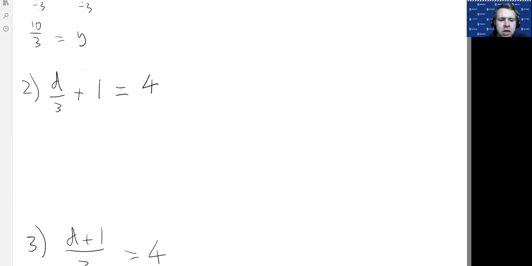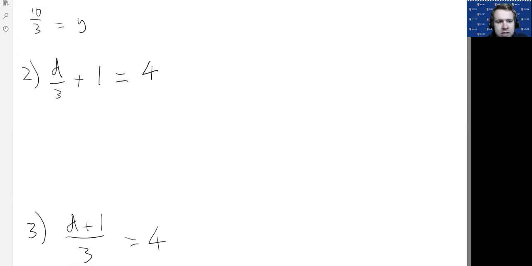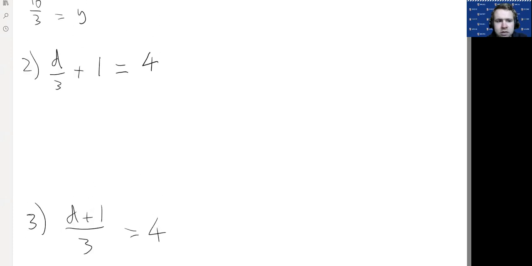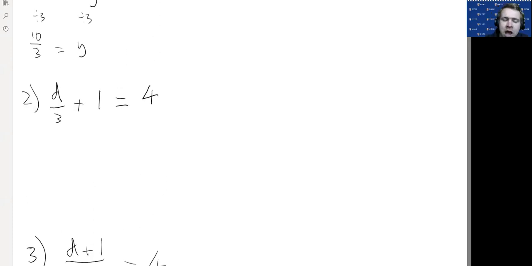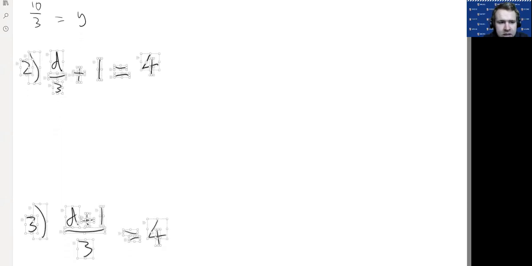Here's another example. Now, these two examples look very similar, but we need to notice the difference. For example 2, I have a small fraction. I call it a small fraction when the line just extends across one term. So the plus 1 is not part of the fraction, it's actually separate. When we're using our reverse BIDMAS, remember when we are solving equations, we're working backwards. We first have to get rid of the addition.